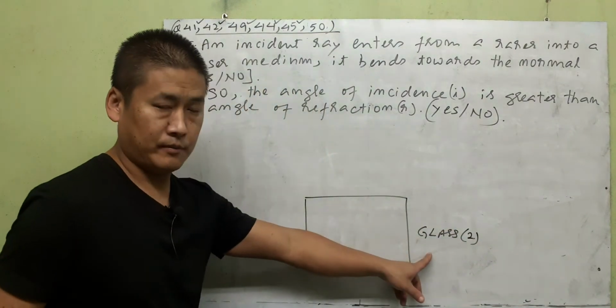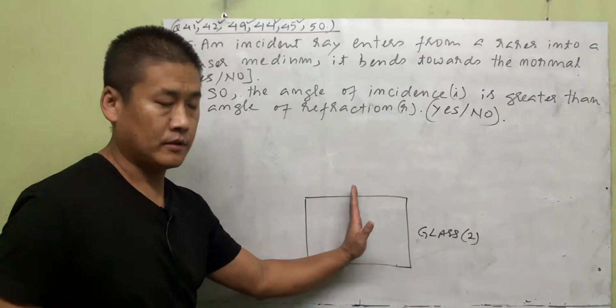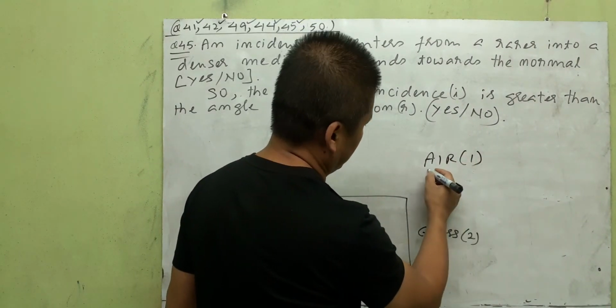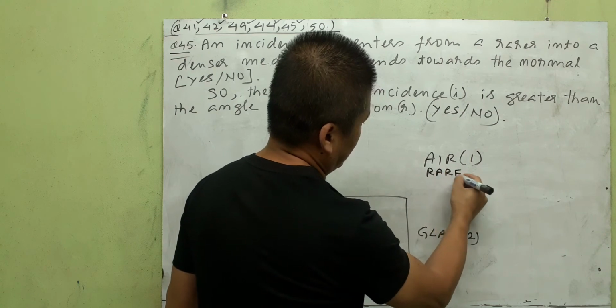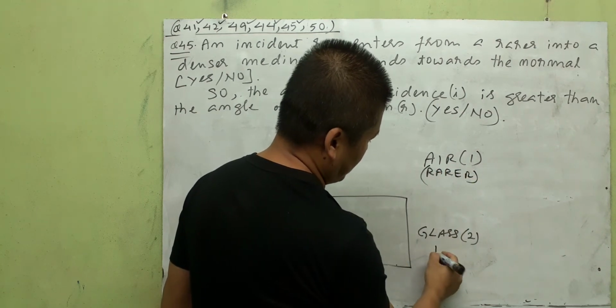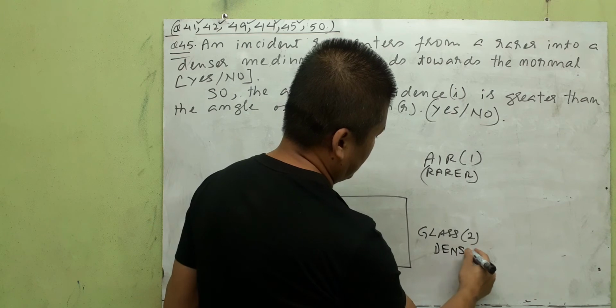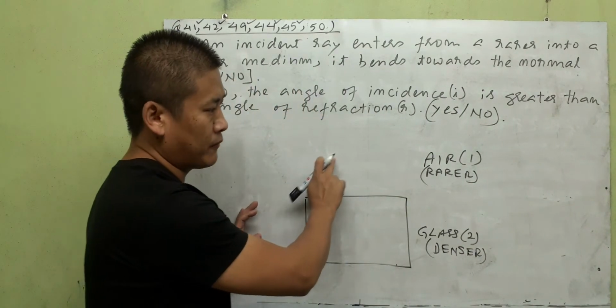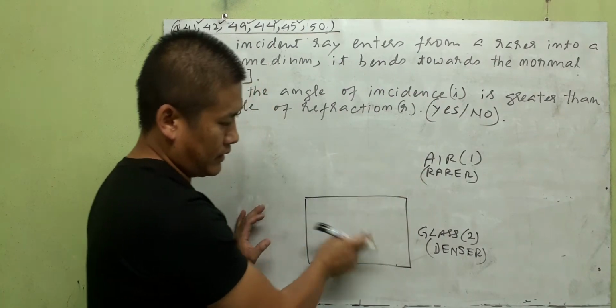Previously glass was medium 1 because we passed the light ray into glass first. Now we're going to pass it through air first, so that is medium 1. Air is rarer compared to glass, which is denser. This time from air, rarer, into denser, we're going to pass.